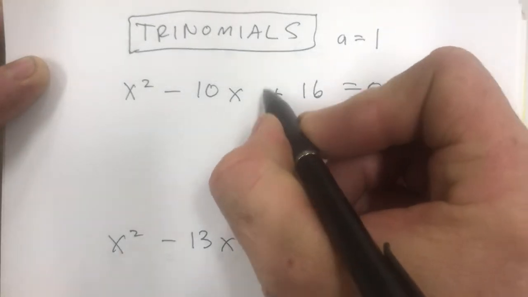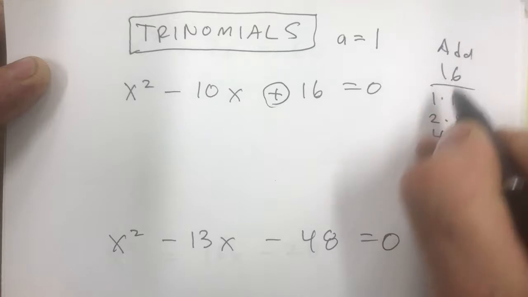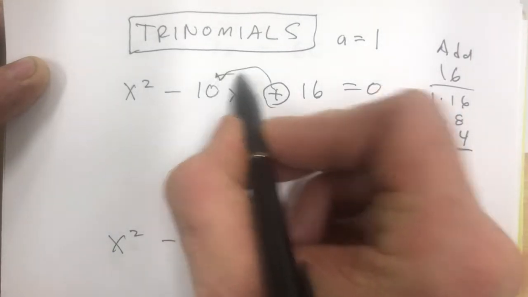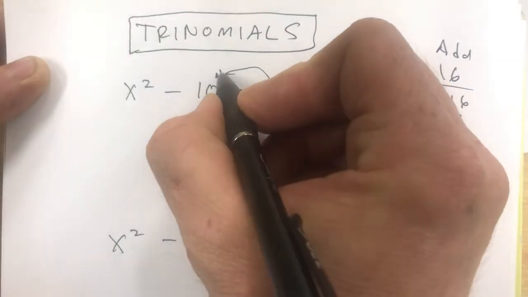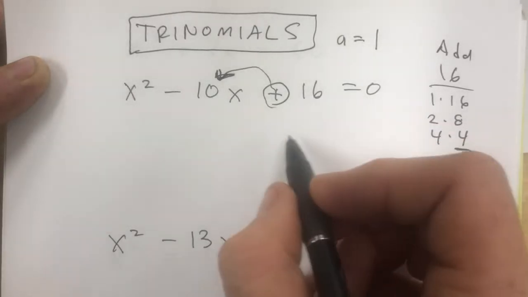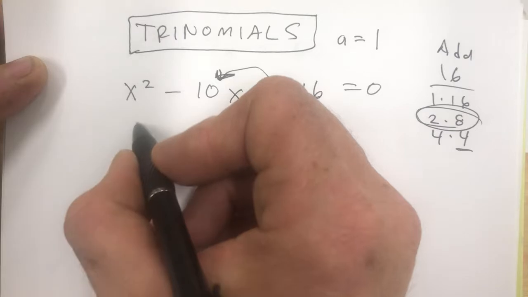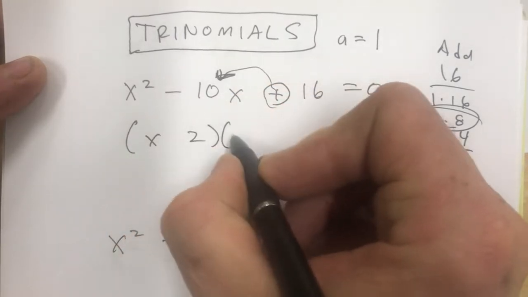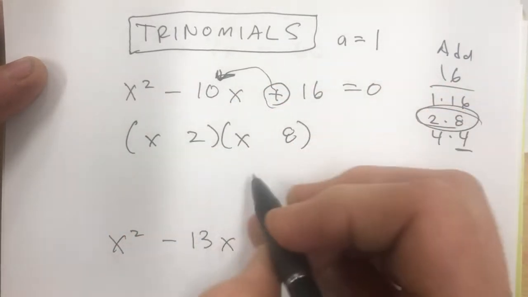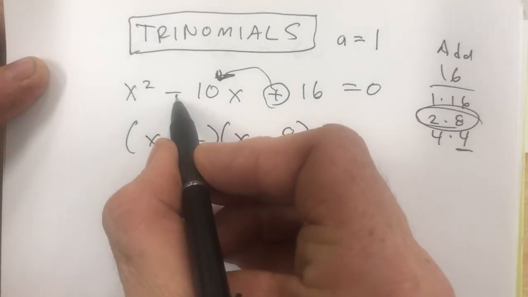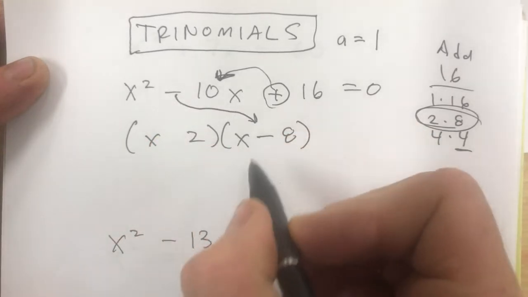Now, since this is a plus right here, I need to add these and get 10. Okay? Which one of these add and get 10? Oh, right there, 2 and 8. So 2 and 8 are in my factors. So I've got x and 2. I've got x and 8. Get my signs in. This sign right here automatically goes to the big one every time.